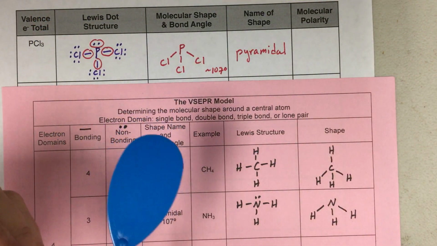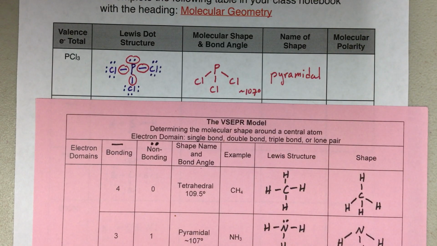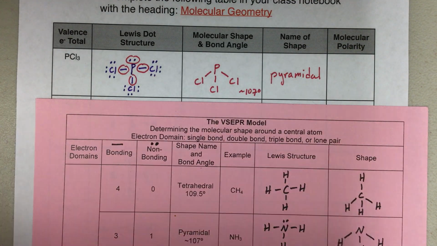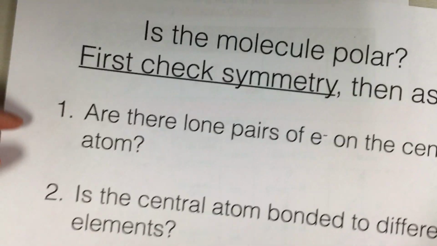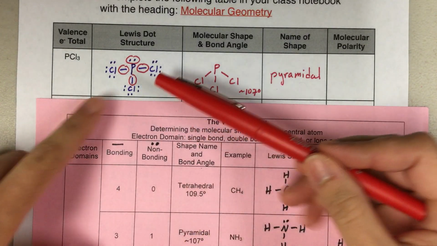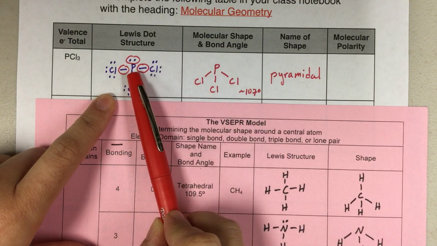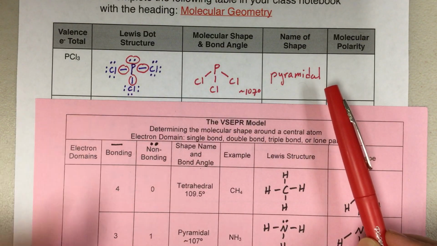The last thing we need to answer is if the molecule is polar or nonpolar. And if you look back in your notes, you have a few questions that you can ask to determine the polarity. The first one is, are there lone pairs of electrons on the central atom? So we look back here, this you'll use the Lewis structure. There are lone pairs on the central atom.